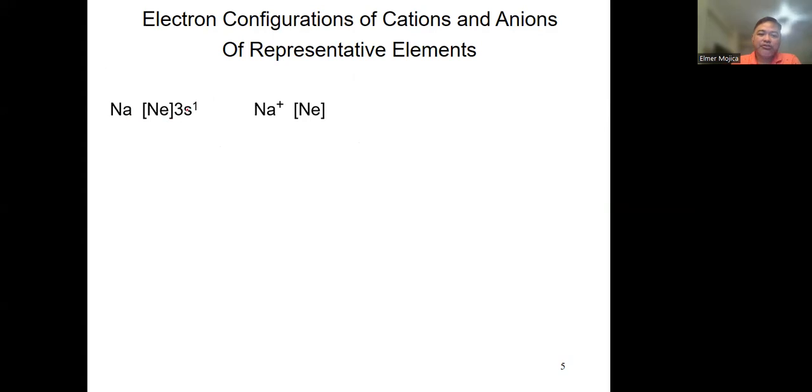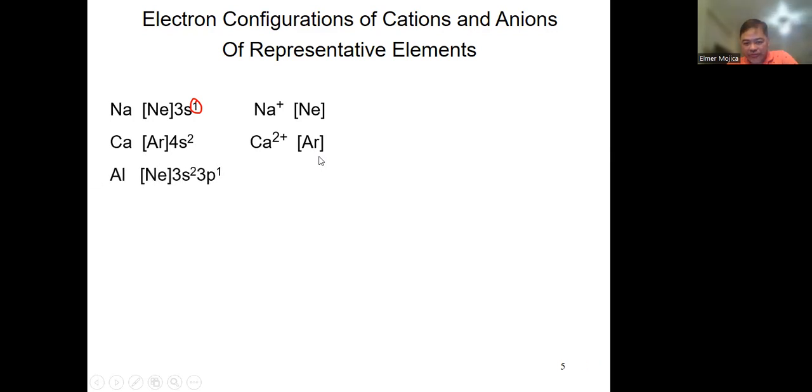You lose the outermost electron, and you have an electron configuration similar to what? Noble gas. If you have calcium and you remove the two outermost electrons, you form a calcium ion, and its electron configuration is similar to argon.